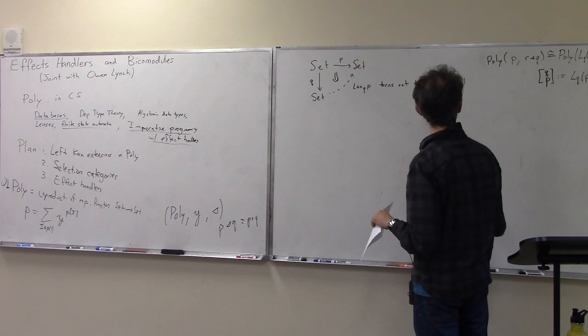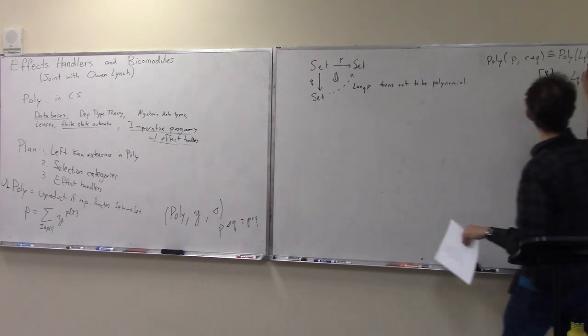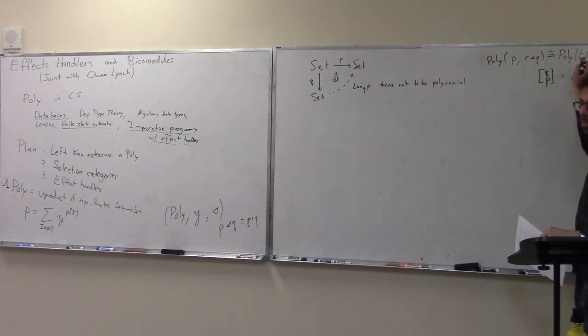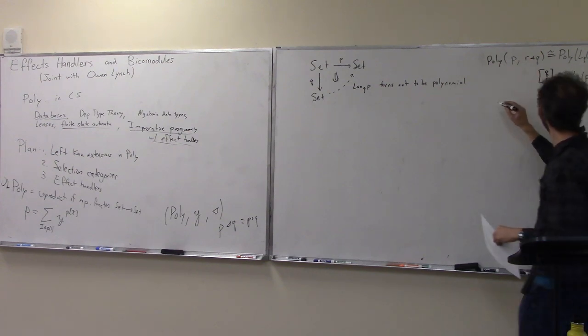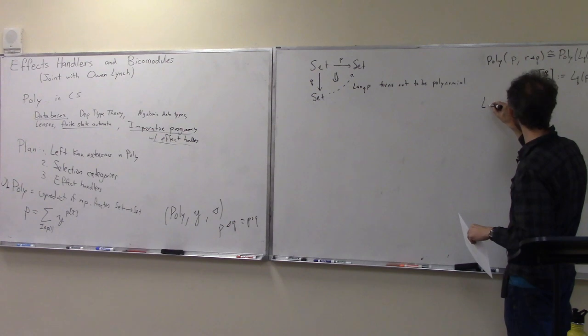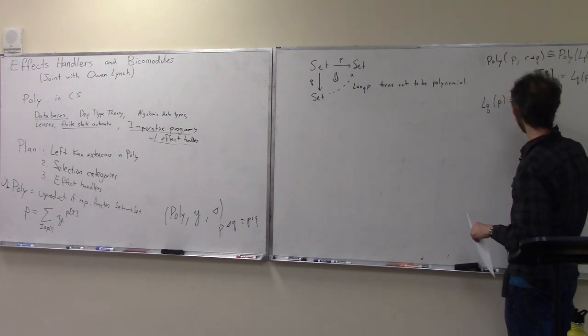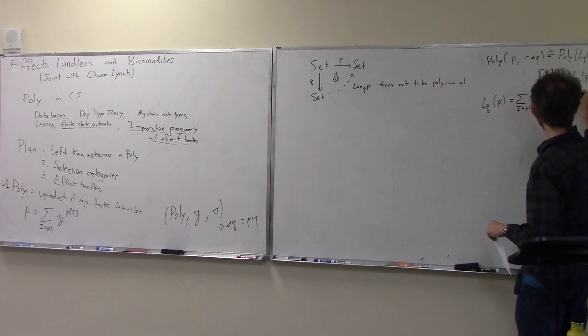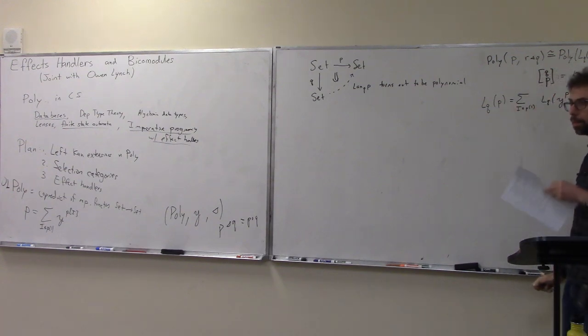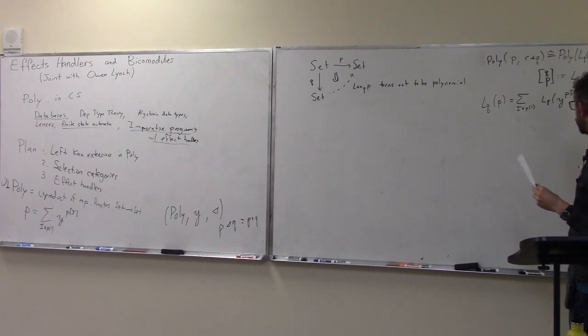So LQ is a left adjoint. It's the left Kan extension. Therefore, it preserves coproducts. So I know that LQ of P is the sum over all i in P of 1 of LQ of y to some power, because it's a left Kan extension, because it preserves coproducts, preserves all colimits.